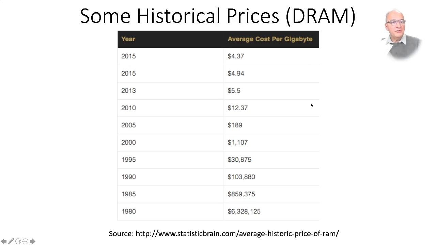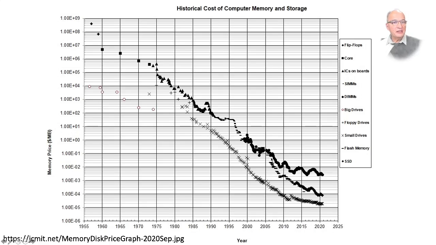So here I have a plot for the historical price of DRAM. Unfortunately, this plot only goes until 2015, and I went back to the website, and there are no updates after that. But what I can see is that in these early years, between 1955 and about 1970, there are some types of memories that are no longer in existence today.